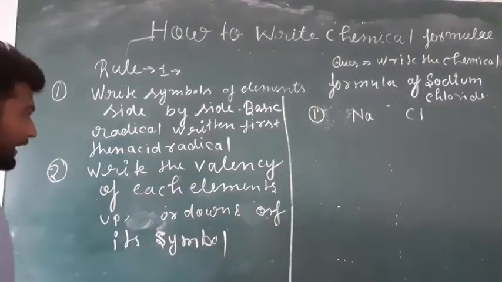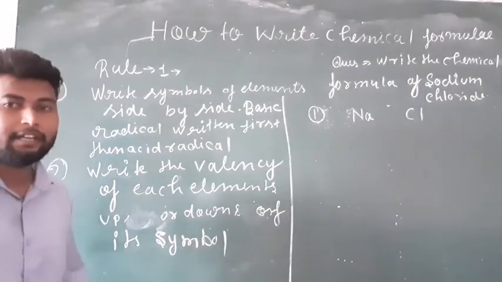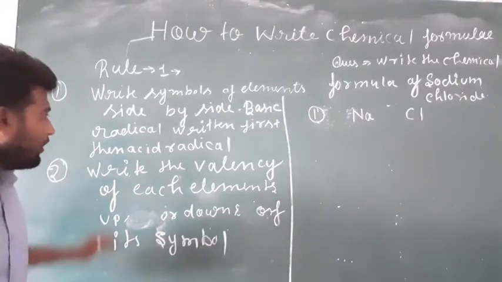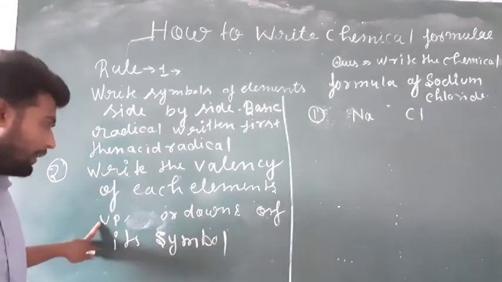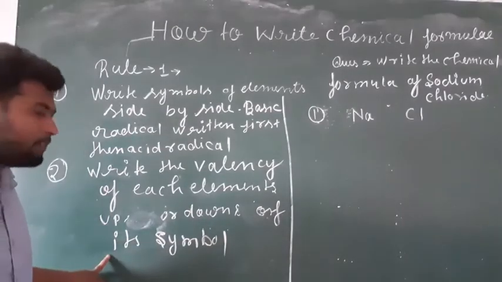So our second rule states that you write the valency of each element up or down of its symbol.